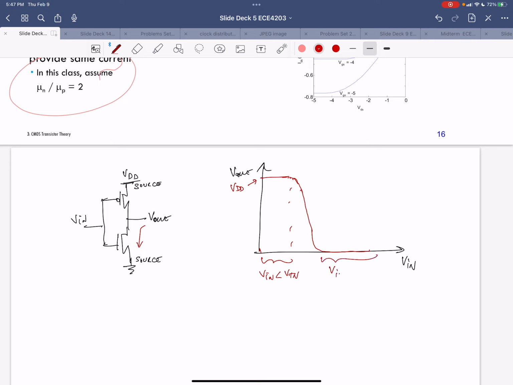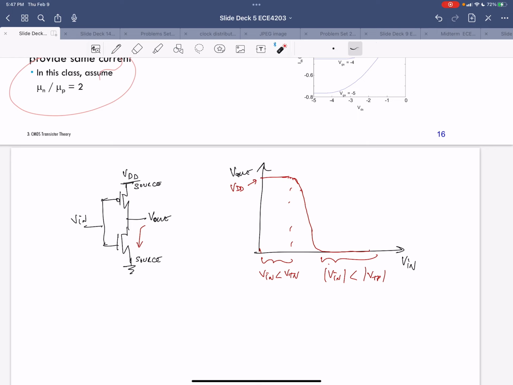So here the absolute value of Vn is less than the absolute value of the PMOS threshold. Okay, so you get a curve like this, which looks like an inverter curve, right?